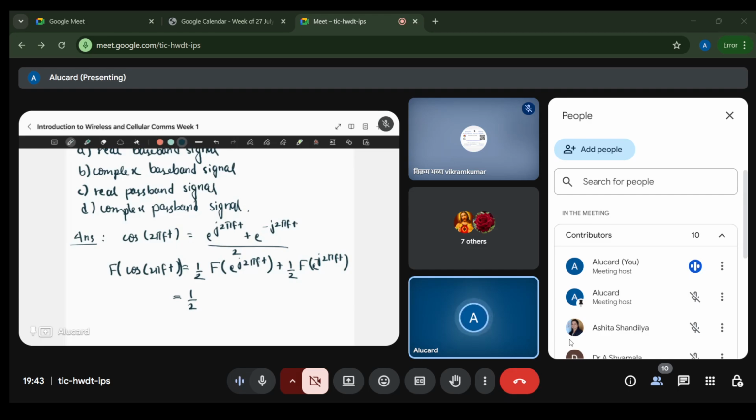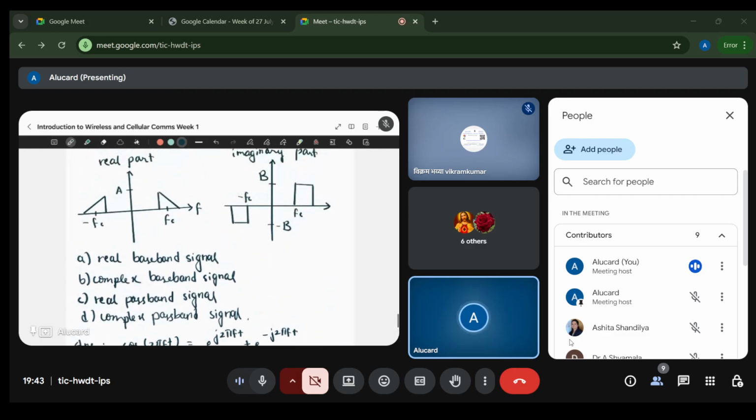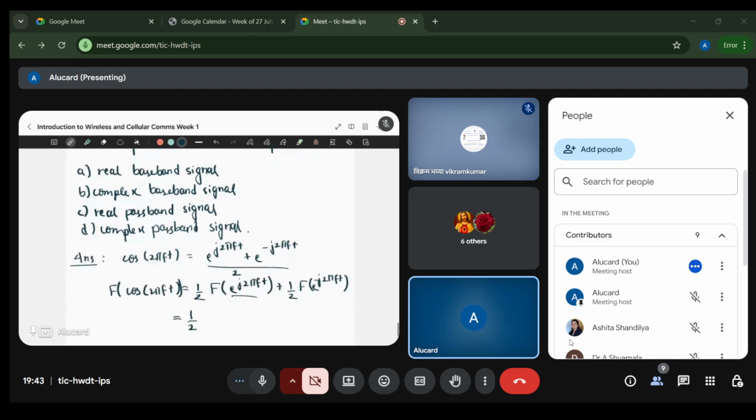This signal is already a complex exponential, so it's just a single frequency, and in the frequency response there will just be an impulse.